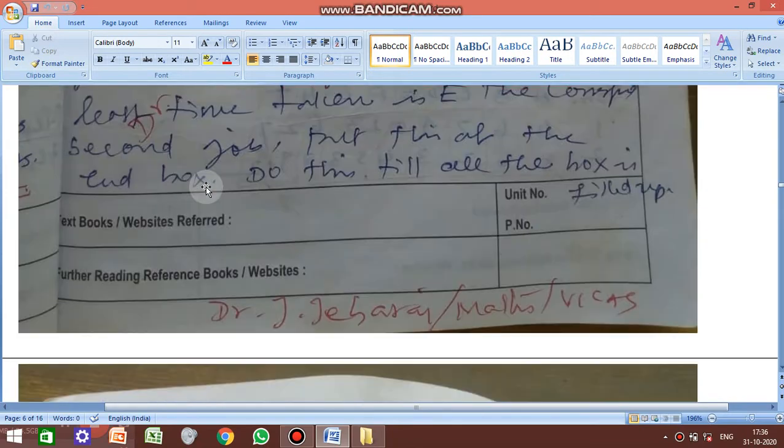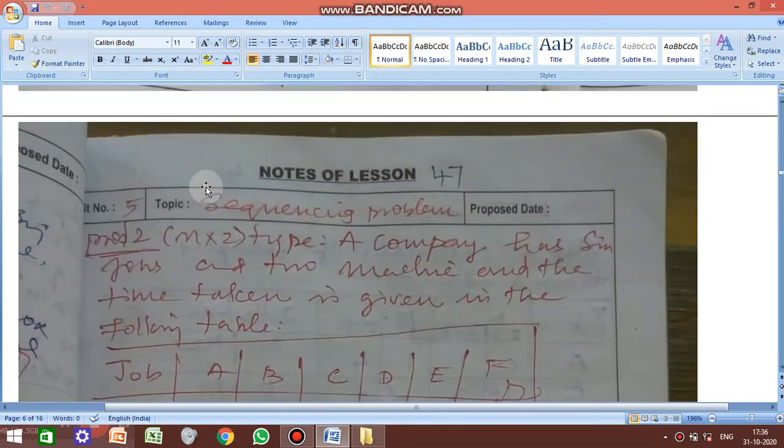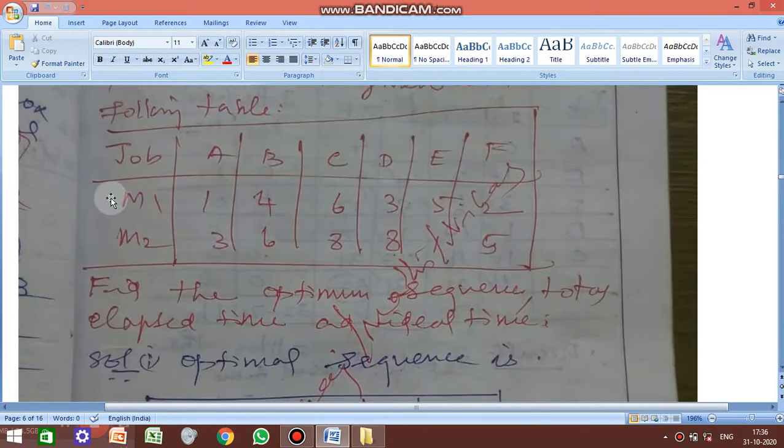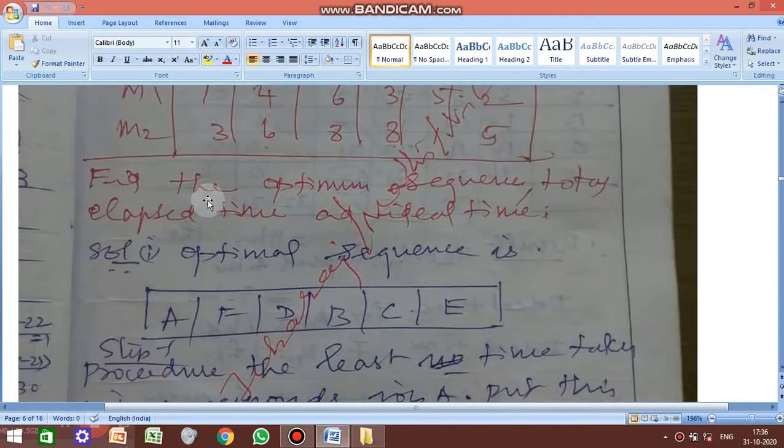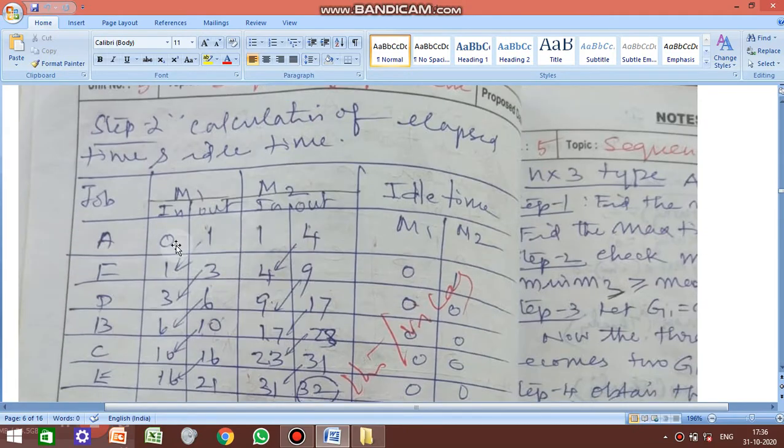So go back there. Here we see that the time taken by machine 1 to do job A is 1 unit. So we add this 1 unit: 0 plus 1 gives you 1.